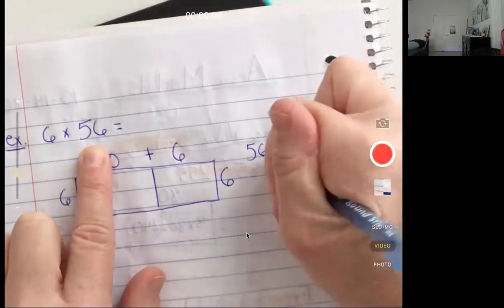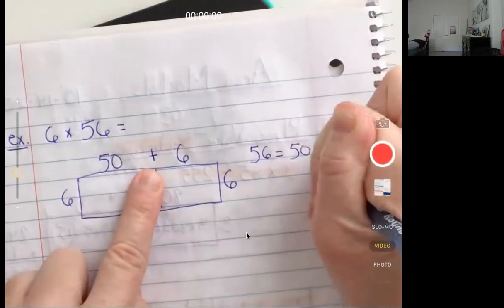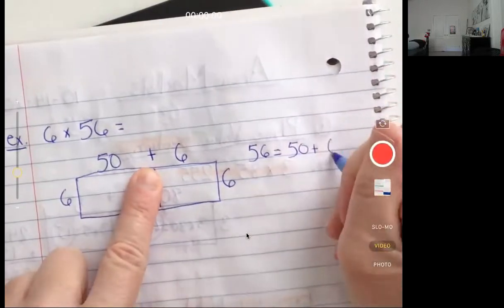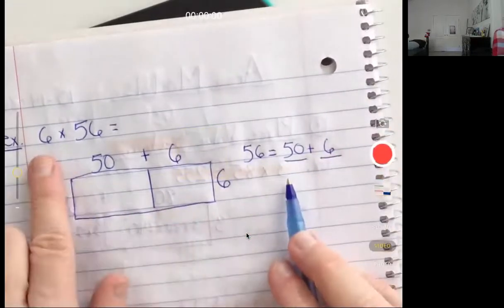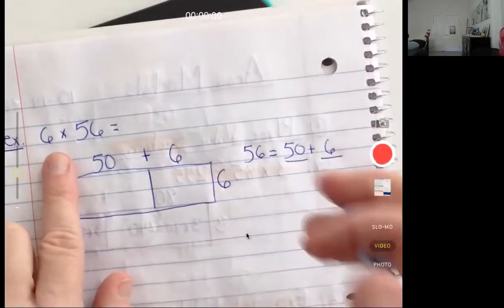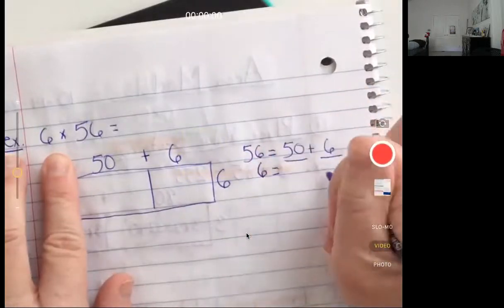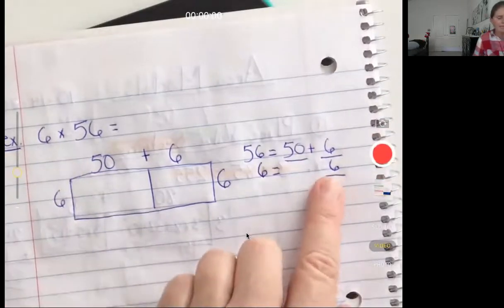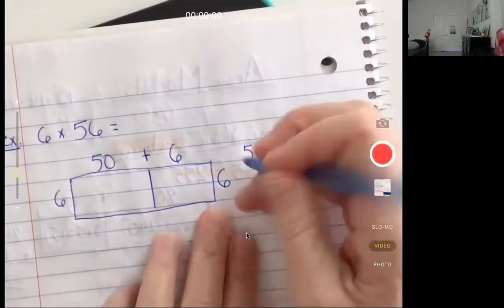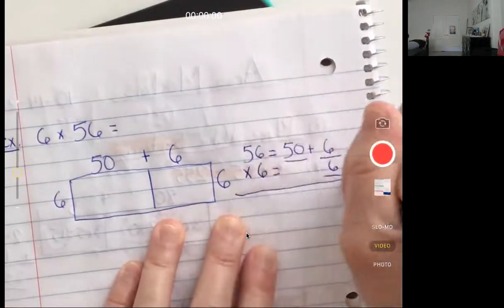And 56 is just 50 plus 6, right? I'll draw some lines under here. The second number in my equation is 6. So again, I'm going to line this up. 6 equals 6. I'm putting it in the ones place because that's where it is. I'm going to put a little multiplication symbol and I'm going to draw a line.